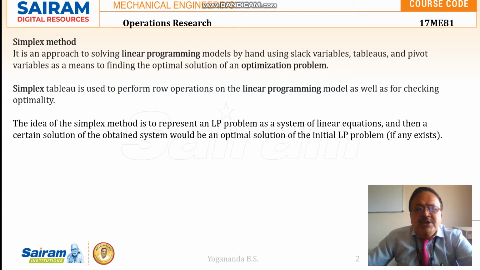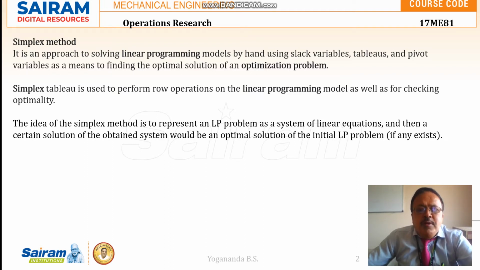The iterations will be done many times, and the pivotal variables will be used as the means to find the optimal solution to optimize the given problem, either to maximize or to minimize the objective function.